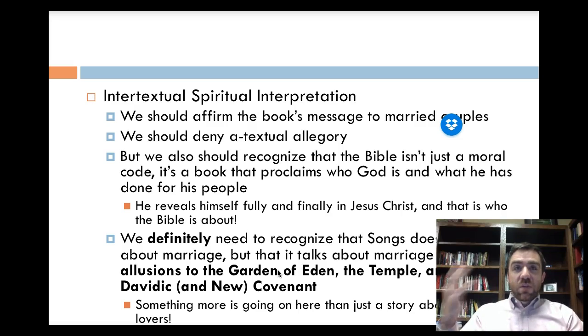If you've listened to these lectures and if you've read House, the things that we are looking for are the last days, eschatology. You've been hearing me talk about the fact that we're looking for Lady Wisdom, a new temple, a new David, and a restored Garden of Eden. Something is going on here more than just the story of two people that love each other.